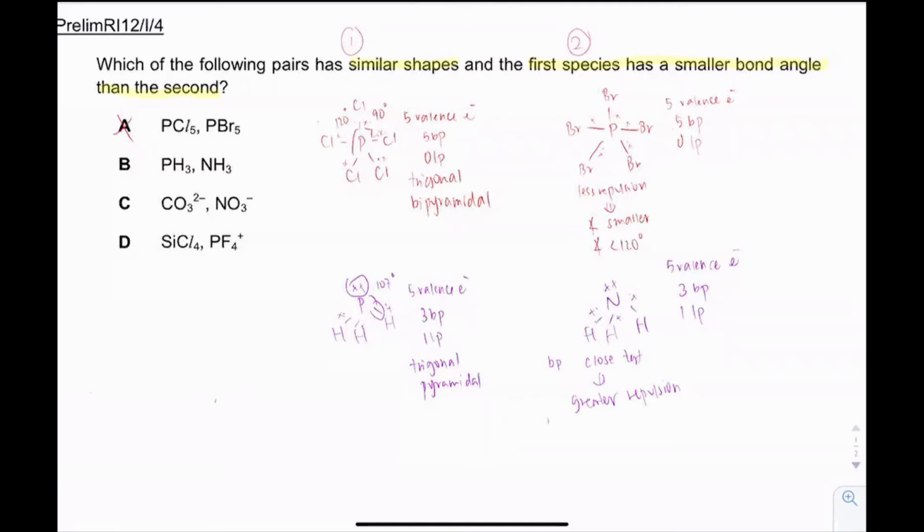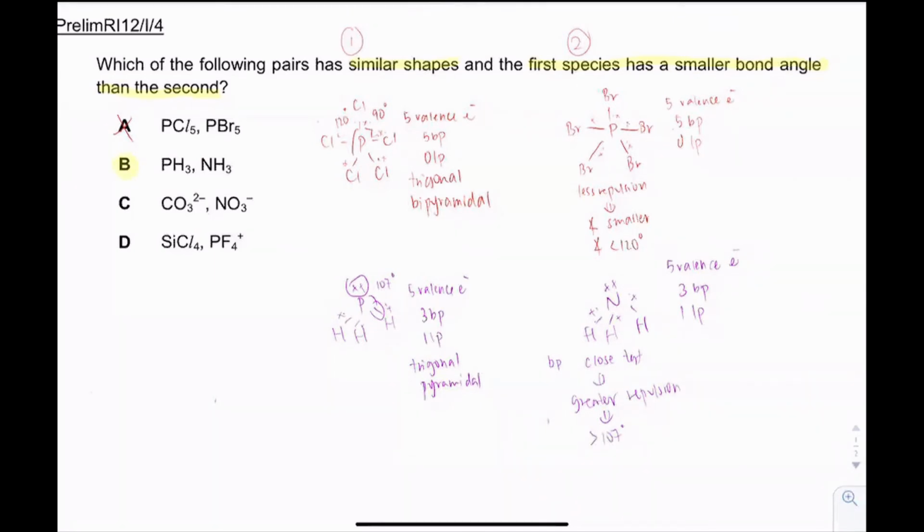Therefore, there will be no significant difference to the bond length. So if there's greater repulsion, then there will be a larger bond angle. So more than 107 degrees. So hence, this fits the bill. Both of them have the same shape, trigonal pyramidal, and the first species, PH3, has a smaller bond angle than the second. Hence, the answer is B.